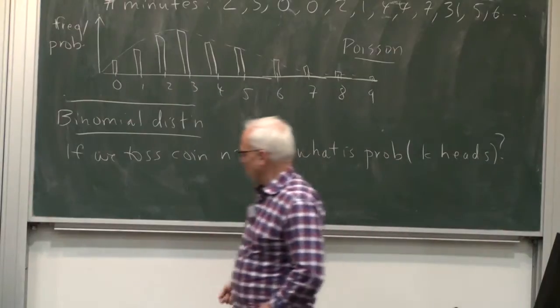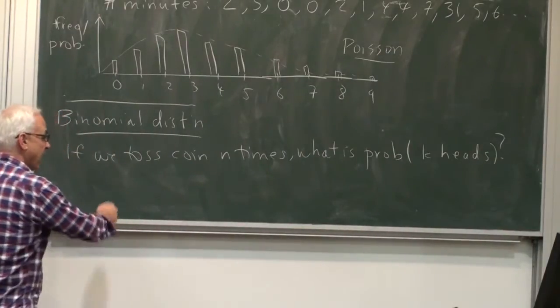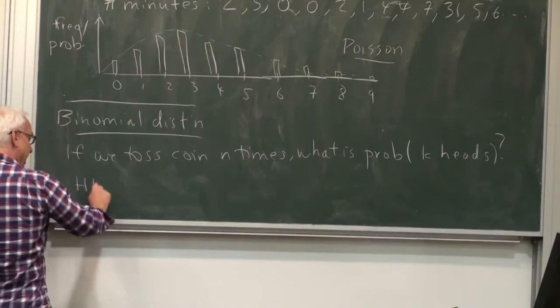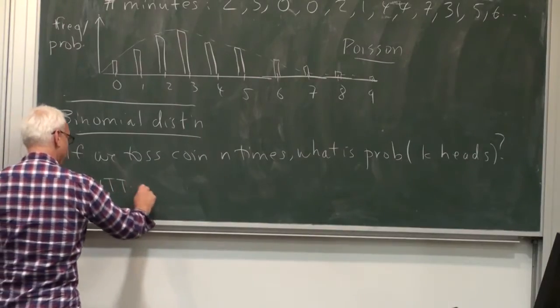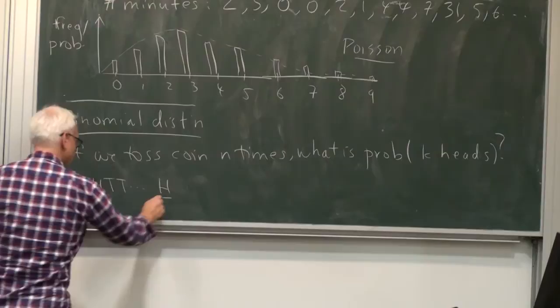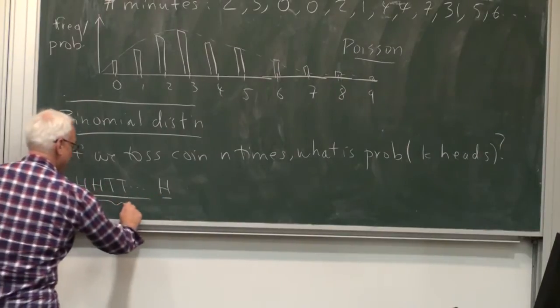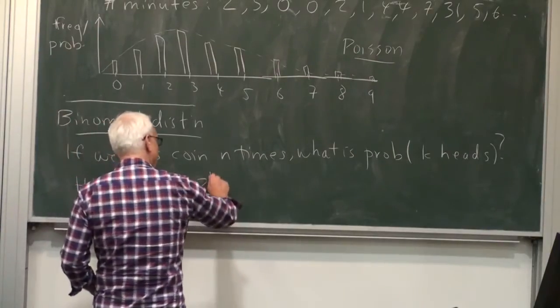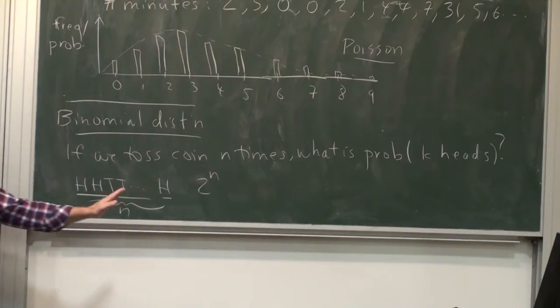So if we toss a coin n times, then we can express the result of that by a sequence, maybe heads, heads, tails, tails. So there's a sequence of n different h's and t's. Altogether, there are 2 to the n such possible strings.